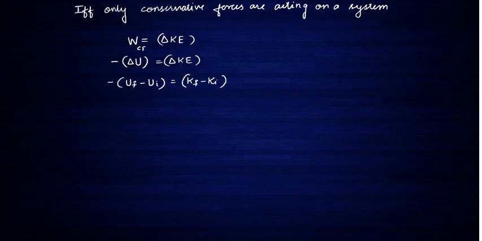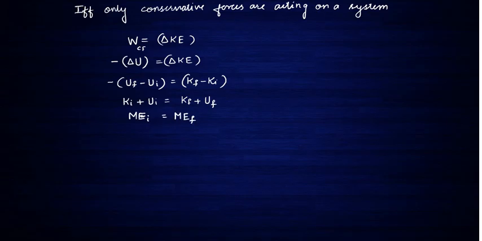If you rearrange this equation, we get Ki plus Ui is equal to Kf plus Uf. So this is nothing but the initial mechanical energy, which is equal to the final mechanical energy for the system.